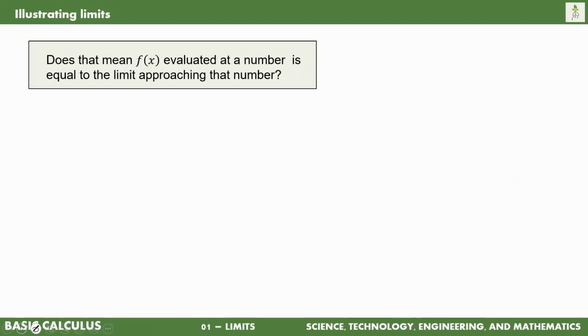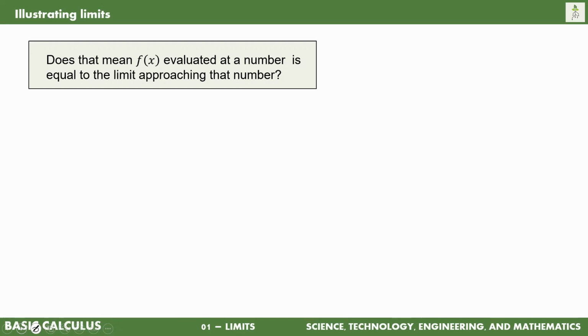And so, dun sa mga napag-usapan natin, kung mapapansin nyo, yung f evaluated at some point, ayan, hindi naman yun yung concern natin eh. Yung concern natin, what happens around that point. Pero dun sa mga example, kung mapapansin nyo, yung f evaluated at that point, parang equal lang din naman siya sa limit.